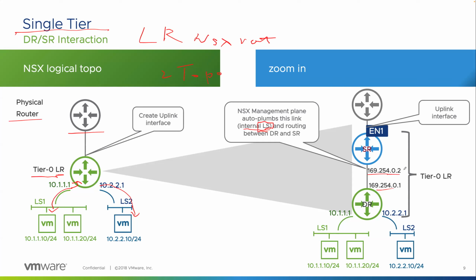For example, it automatically assigns the IP address to this internal connection. You don't need to worry about that. When you think about the whole topology, there's just a link, a subnet between SR and DR. That's it.